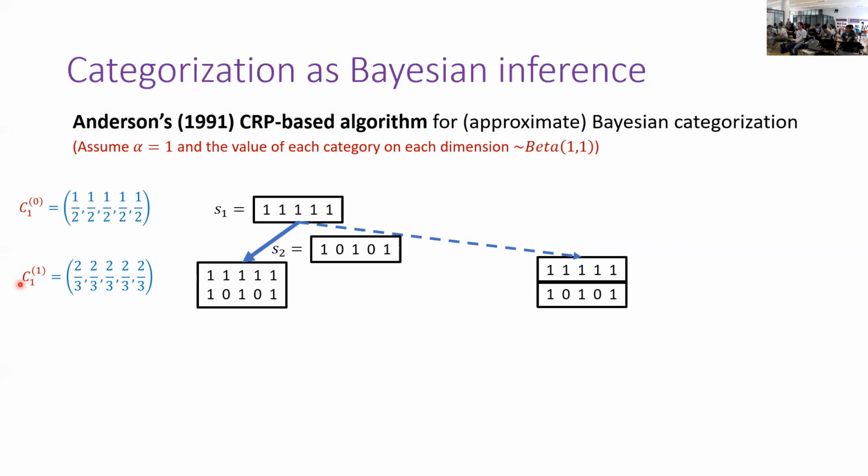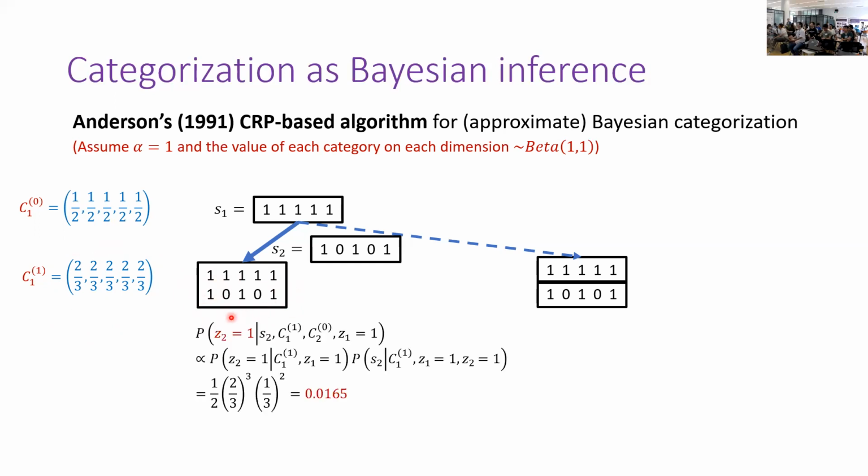So you would update this probability, and based on this, you could compute the posterior probability that I would observe stimulus 2 in the same category. It's just a Bayesian formula.